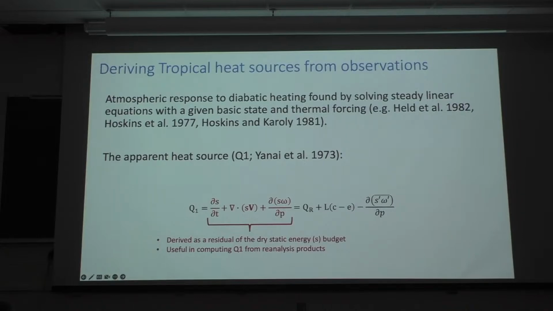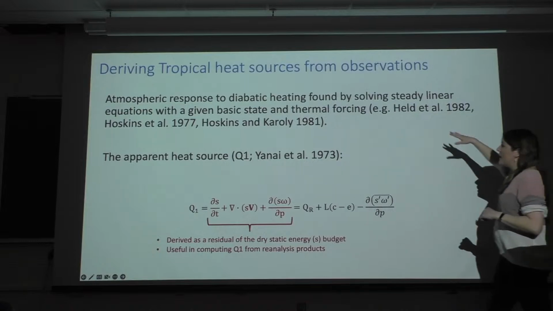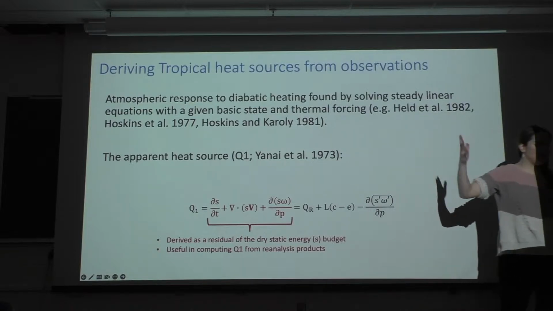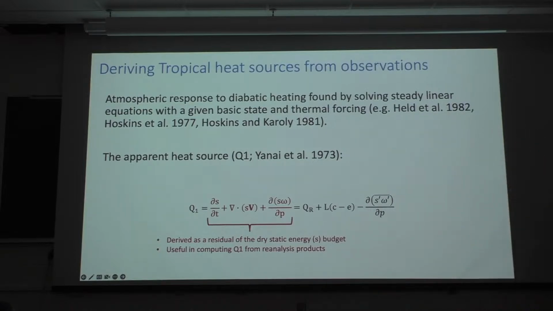So for decades, a lot of the classical Rossby wave theory research used these really simple models with a thermal forcing to figure out what the atmospheric response is to diabatic heating.